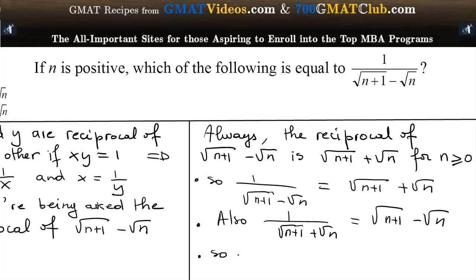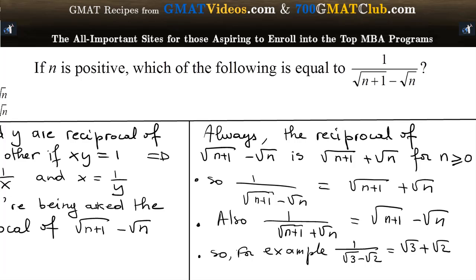So, for example, 1 over root of 3 minus root of 2 is equal to root of 3 plus root of 2. And this is true for every n, again, non-negative.